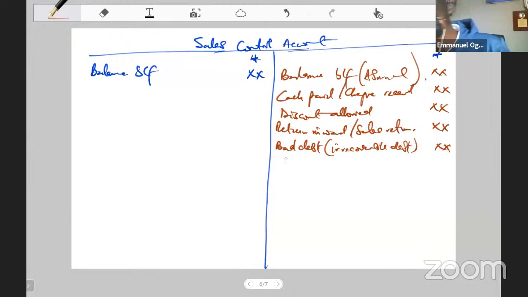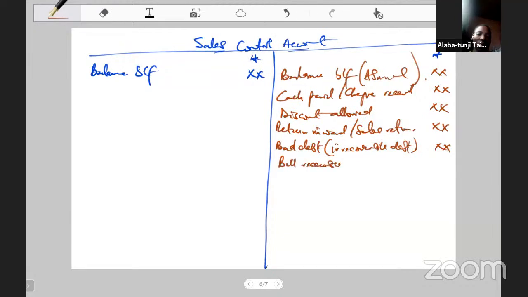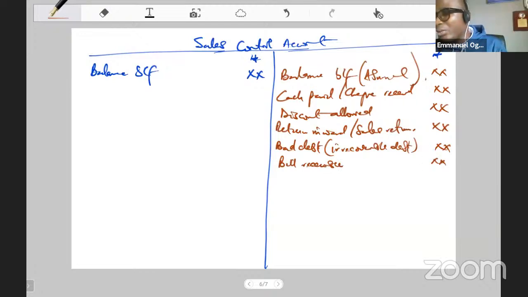So if you have bill receivable, the obligation will reduce, and that will be what? Credited. Any question at this point, class? No, sir.